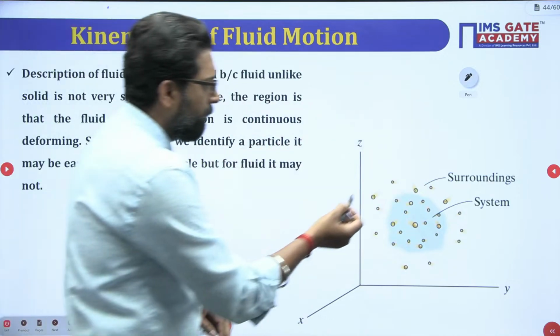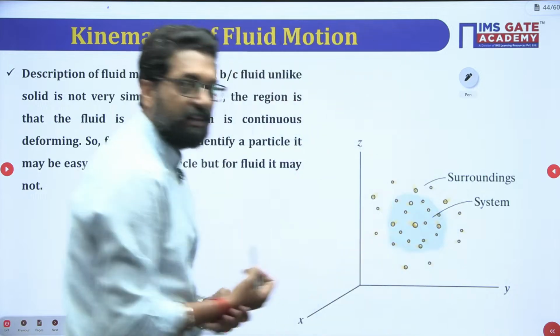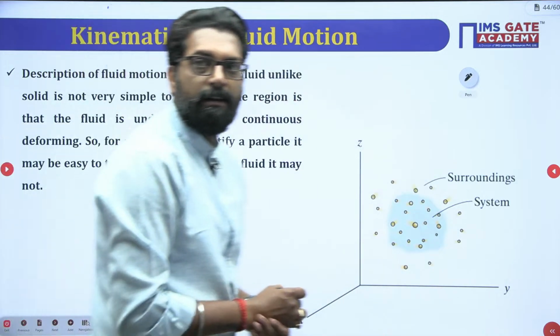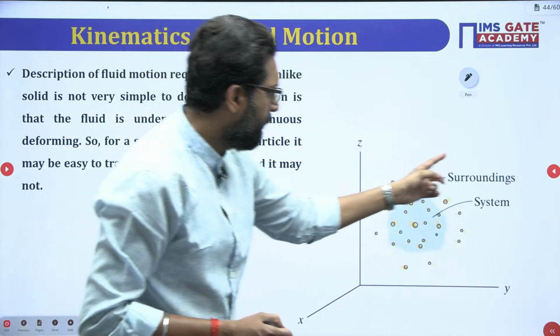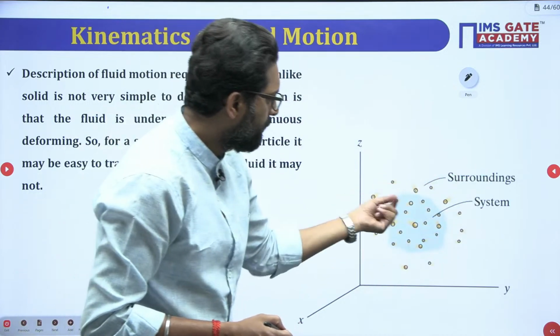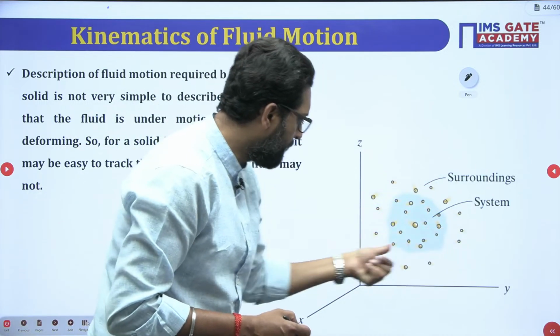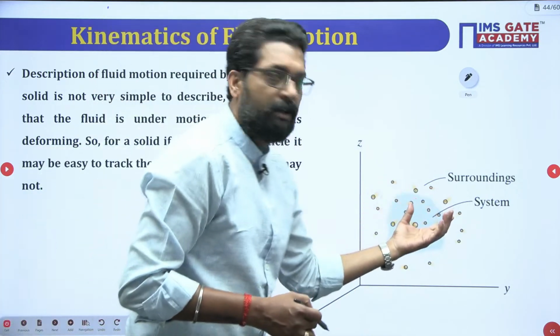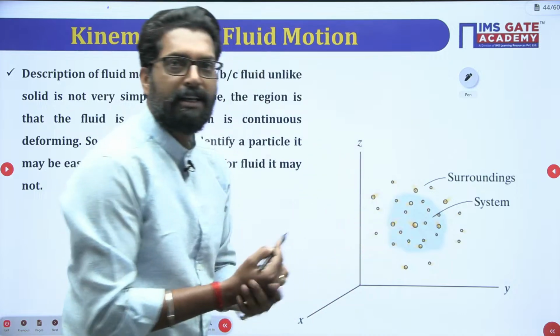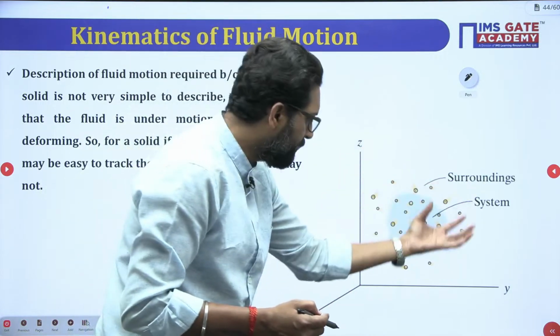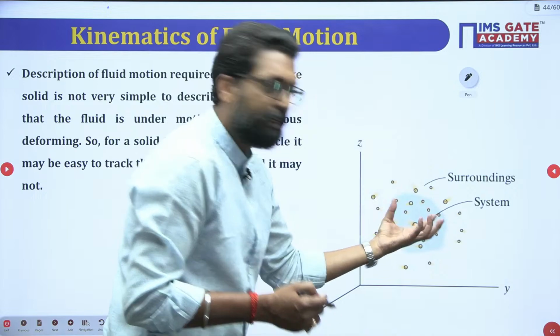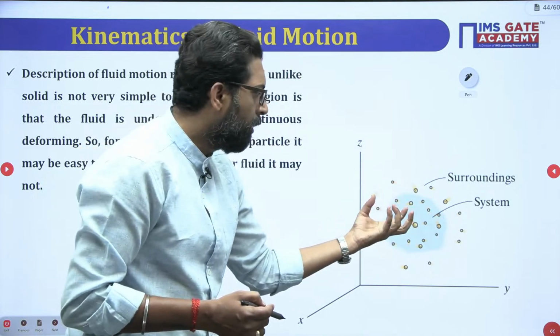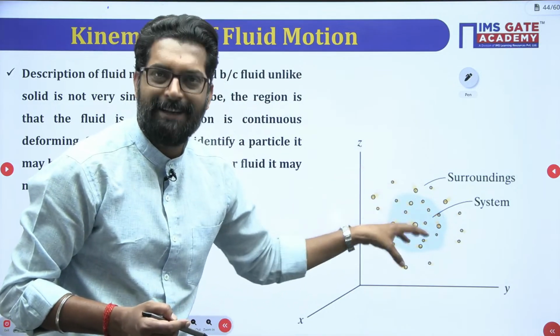Before starting the description of fluid flow, let's suppose this is a fluid with fluid particles, and we define the system. What is the system? A system is a region in space, a certain quantity of matter, a fluid, to which we pay attention.